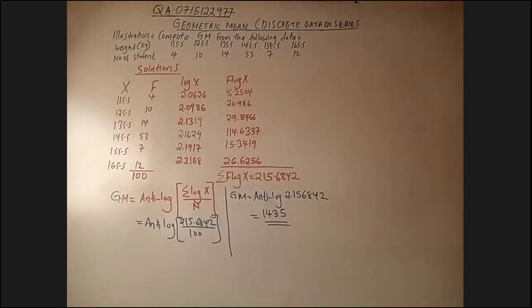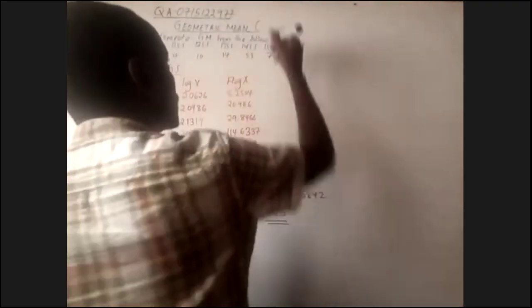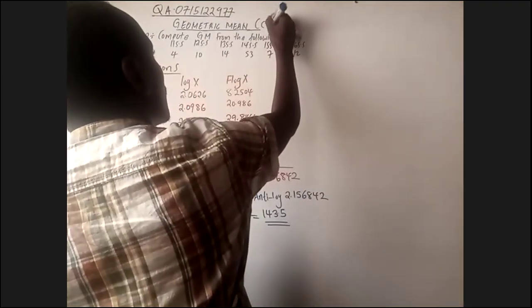Now let's go to the last one. Continuous series. Now, we change from the discrete series to continuous.